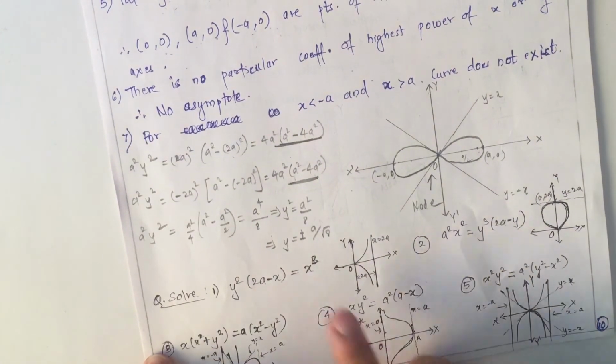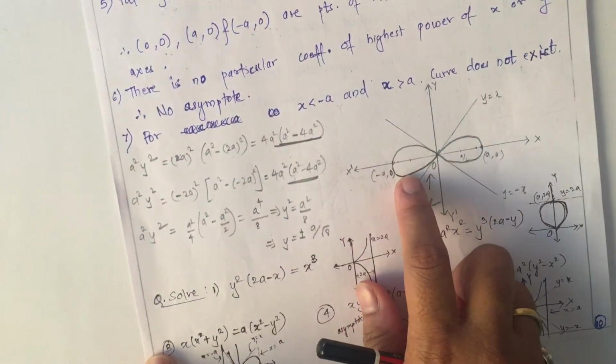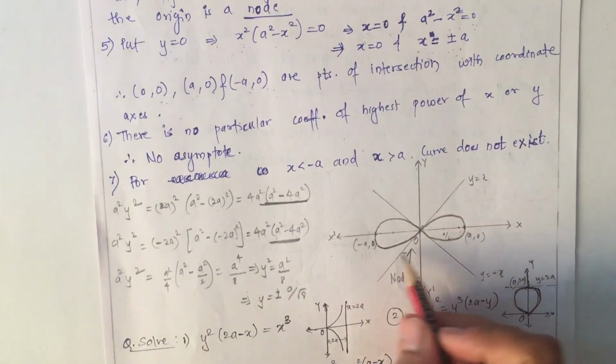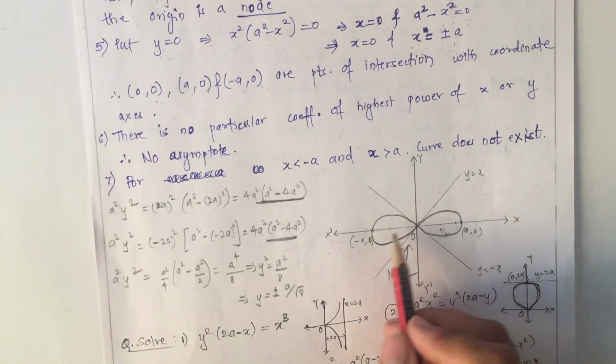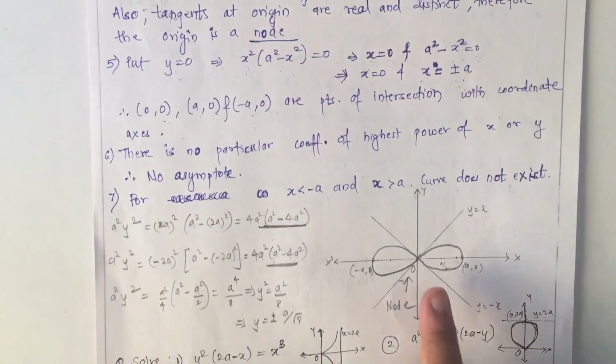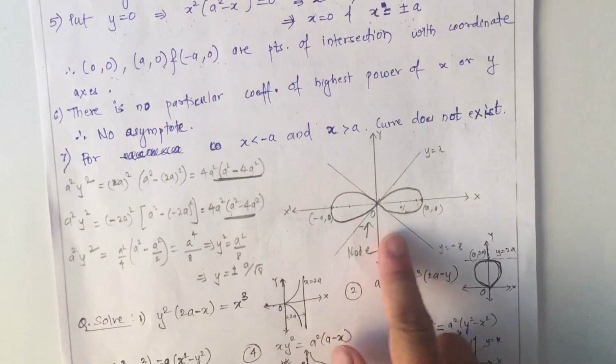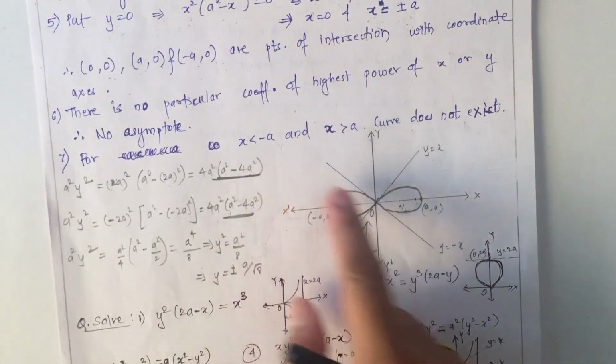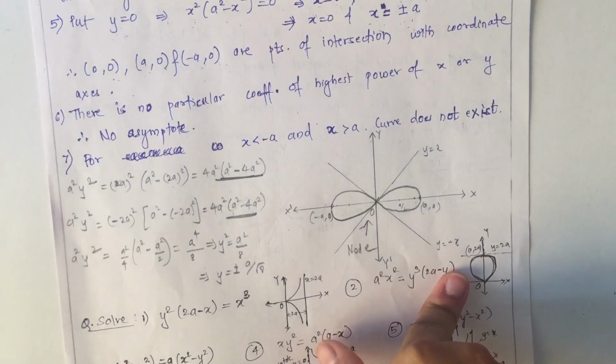Means y varies for a by 2. Similarly, obviously y will vary for minus a by 2, and hence the curve will pass like this. So there will exist a loop between 0 to a and 0 to minus a. If you observe, the curve is symmetrical to x-axis, symmetrical to y-axis. It is also symmetrical in opposite quadrants.